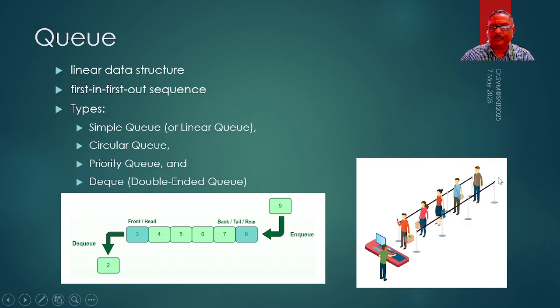When a new person comes in, he just joins the queue at the end, and the one who is in the front will be served. Once the service is done, he leaves the queue. So this is the element which leaves the queue first, and this is the element which is added into the queue. The one who joins the queue first will be served first. So this is first in, first out logic.